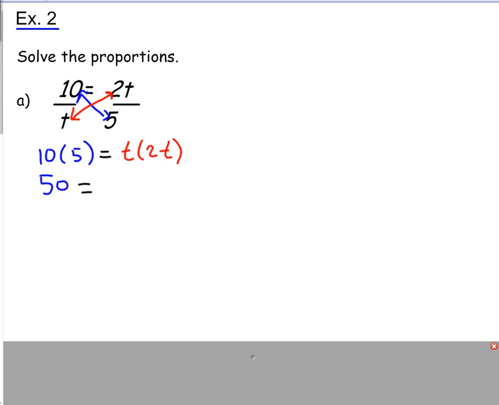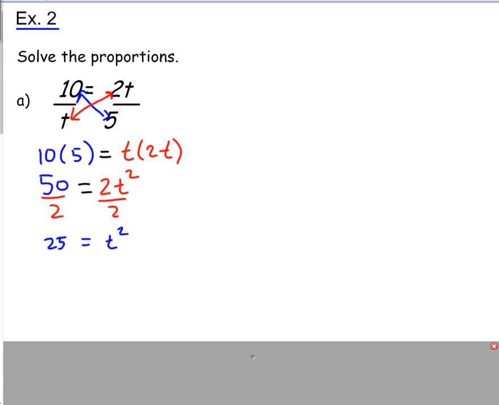Remember, that's 2t squared. We still want to isolate t. To solve for t, first we divide both sides by 2. Now we have 25 is equal to t squared.